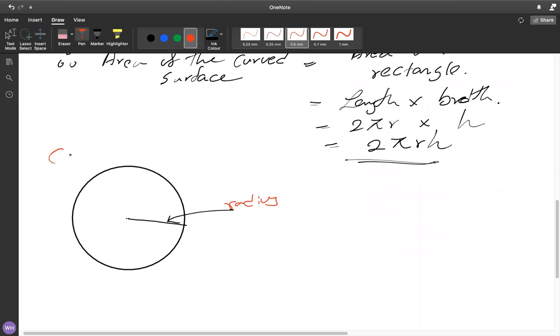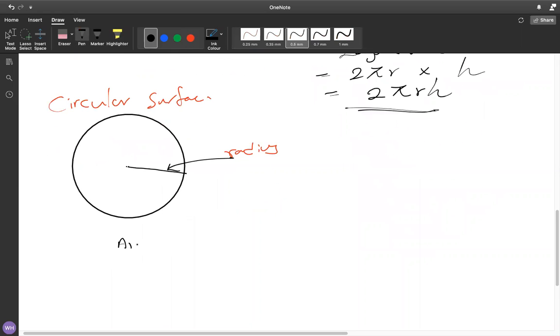This is the circular surface. So you can say area of radius of r centimeters or meters, anyhow, area of circular surface will be equals to, how do we get the area of a circle? Phi r squared, everybody knows it.